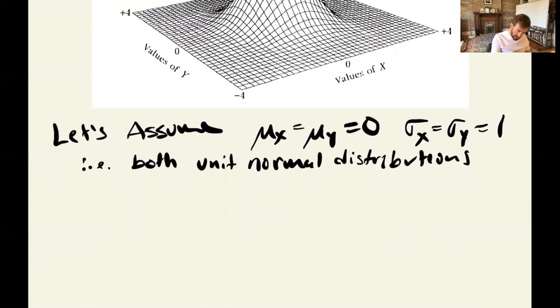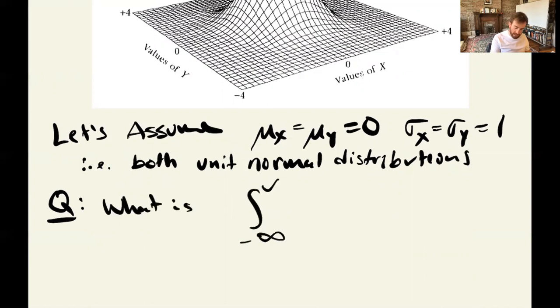This ends up leading you to the question that's sort of been in the back of our mind, which is: what is the integral from minus infinity to infinity of e to the minus x squared over 2 dx?